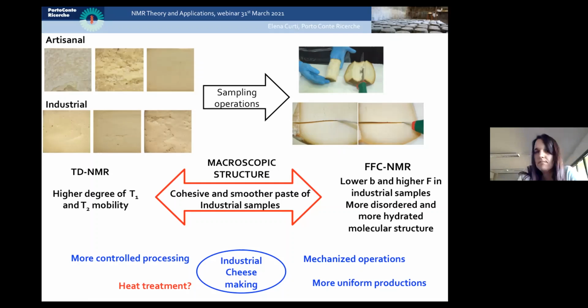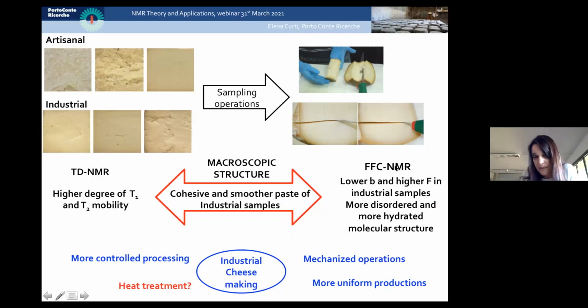So we can say that what we observed with both NMR and FFC can be reasonably related to what we see when we look at the cheese. That is the result of all the steps that are made during the processing of milk to cheese.